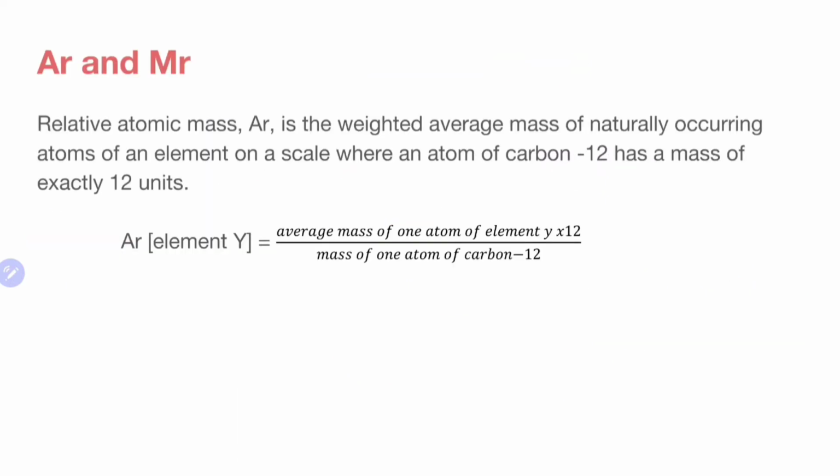So once again, about AR and MR. AR is the relative atomic mass. AR is the weighted average mass of naturally occurring atoms of an element on a scale where an atom of carbon-12 has a mass of exactly 12 units.